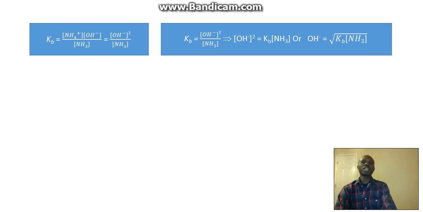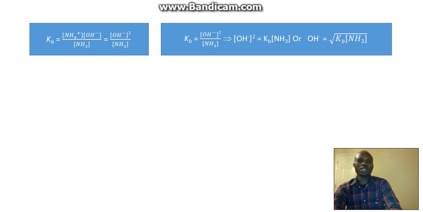It means you can calculate the concentration of OH if you know the Kb and the initial concentration of the base that you are using. You can calculate the concentration of OH that base can produce in water.